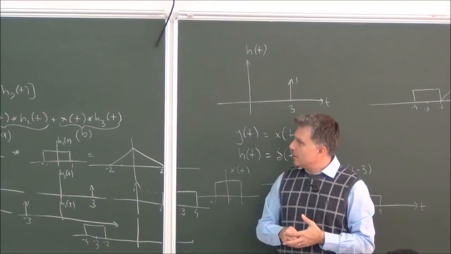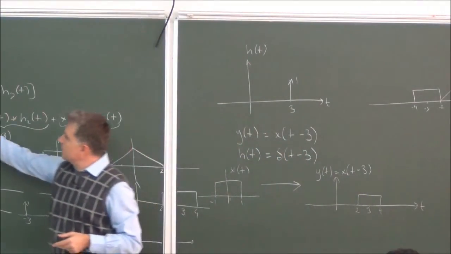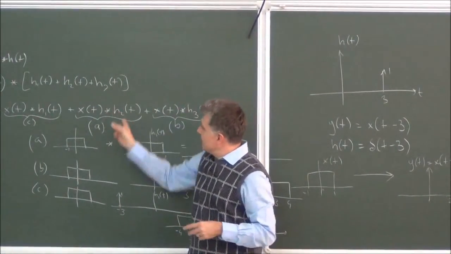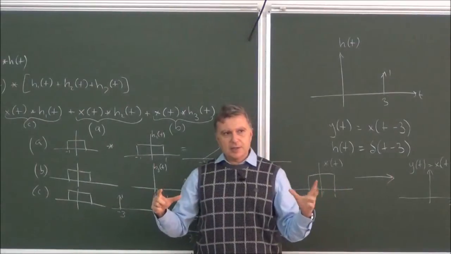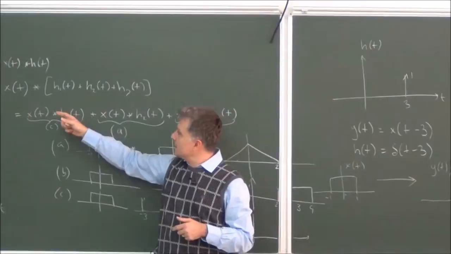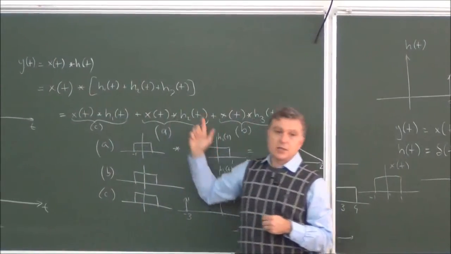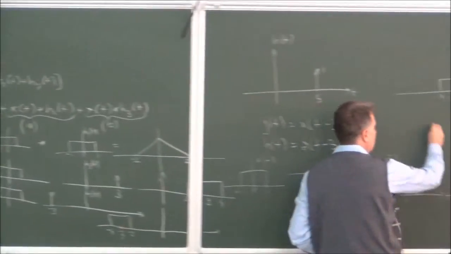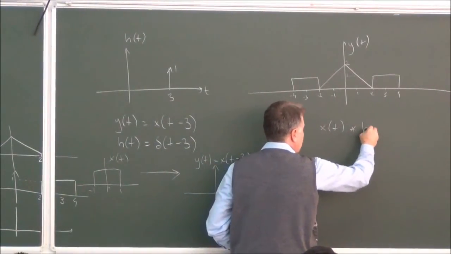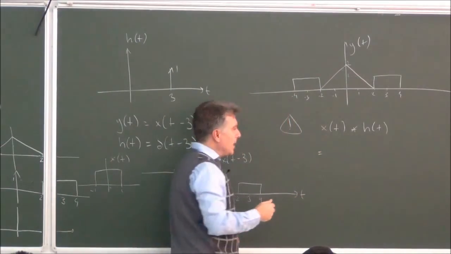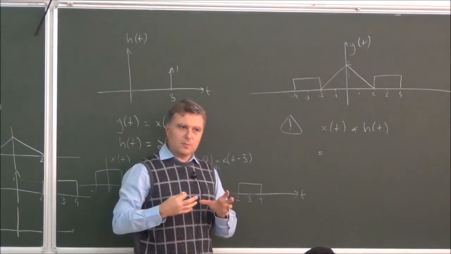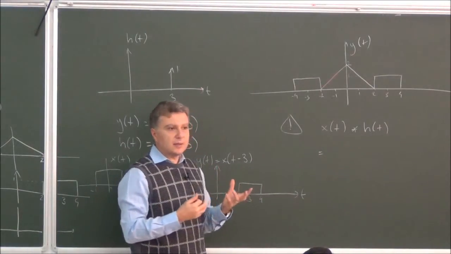As for this linear property, x of t convolution h1 plus h2 plus h3 is equal to this. The same expansion, linear expansion, is valid for x of t as well. It doesn't necessarily correspond to only h's. So what I mean is this. x of t convolution with h of t, where x of t may also consist of several different parts which you may individually consider.